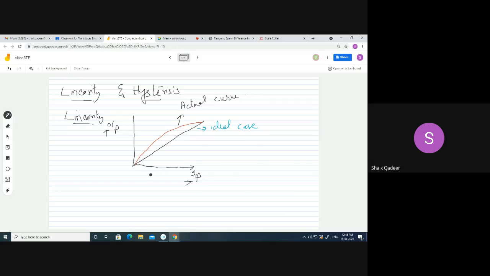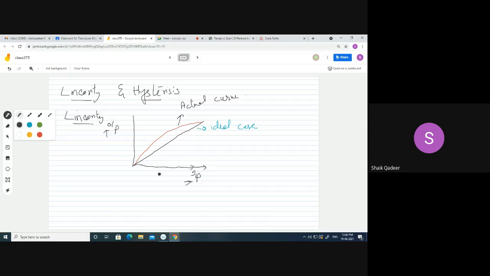This is the actual curve. The actual curve is slightly deviating from the ideal curve. Are you able to see this?